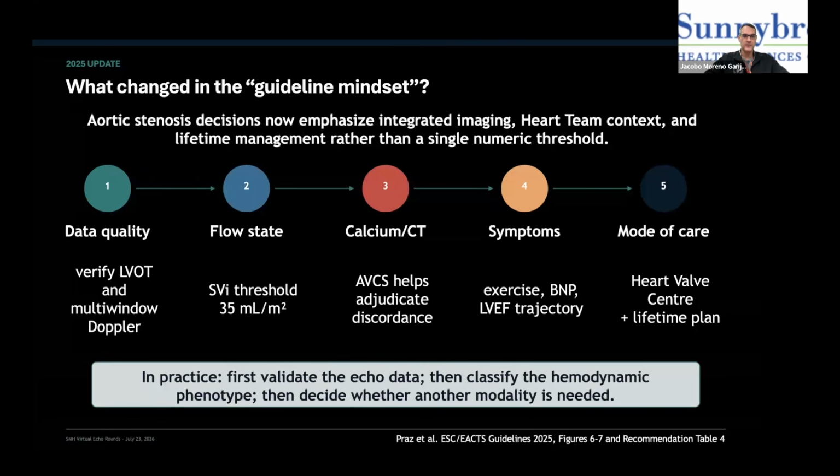We normally have a threshold: your indexed stroke volume should be more than 35 mL per meter squared before making a decision. And when there is discordance on echo, the calcium score from the CT is what helps most of the time to adjudicate that discordance. Extremely important: what are the symptoms of our patients, and what are we going to do with this patient afterwards?